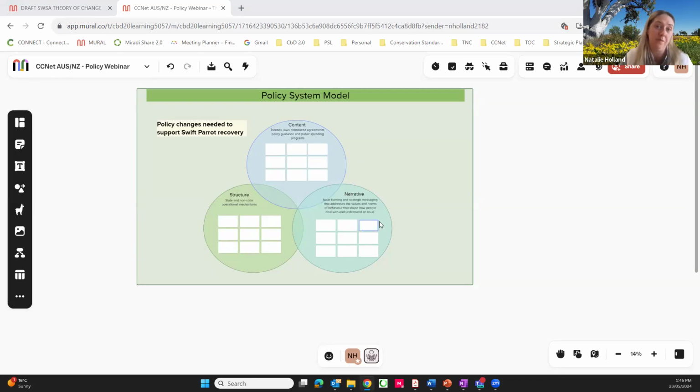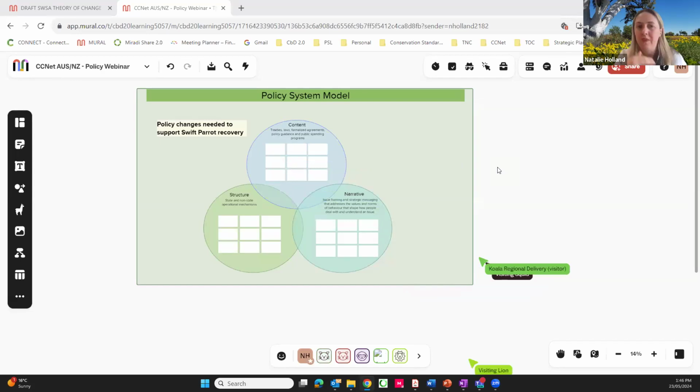What I'd love to get people to do is think about, and don't feel you have to get caught up in the details of whether it's accurate or actually right or not, what might be some of those elements of content, narrative, and structure relative to this particular issue and this species. I'm happy for people to add things in the chat or even make up stuff, to be honest.